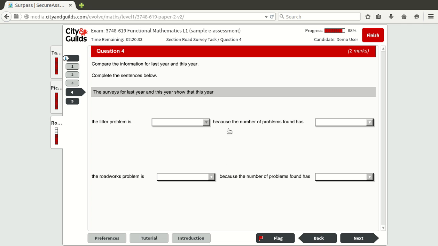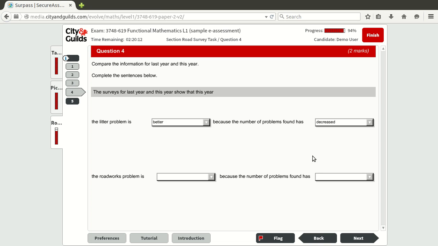This year our problem was 21, so it seems as if it is improving. So the litter problem is getting better, because the number has decreased.